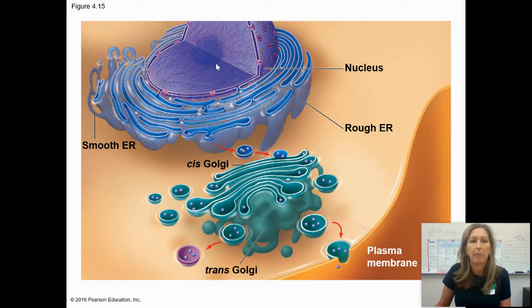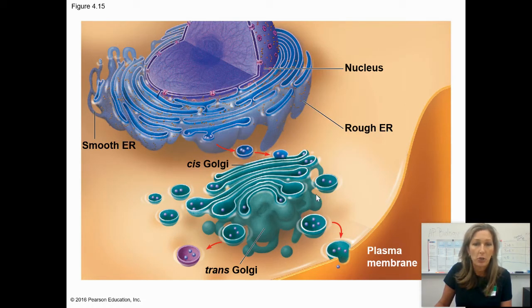So here I'm seeing my endomembranous system, this continued nucleus where transcription is going to happen. I've got my rough ER where translation is going to happen, and then I'm going to have my protein modification that starts in the rough ER. I'm going to have transport vesicles that then carry those proteins to the Golgi apparatus, and the Golgi apparatus is going to then modify those proteins either for release as lysosomes in the cell or fuse with the plasma membrane for export of the cell.